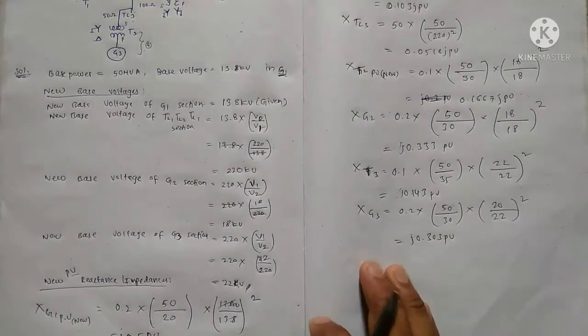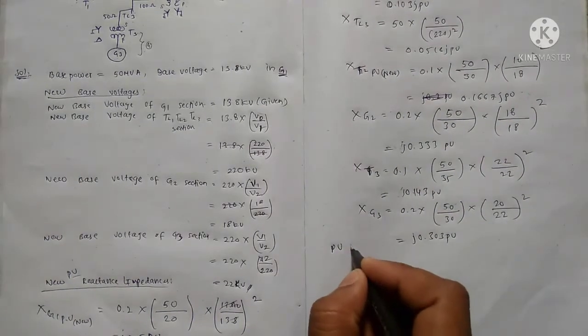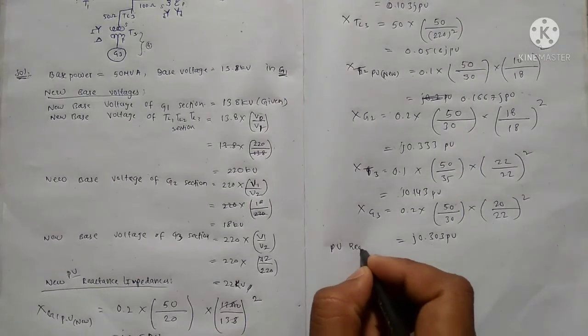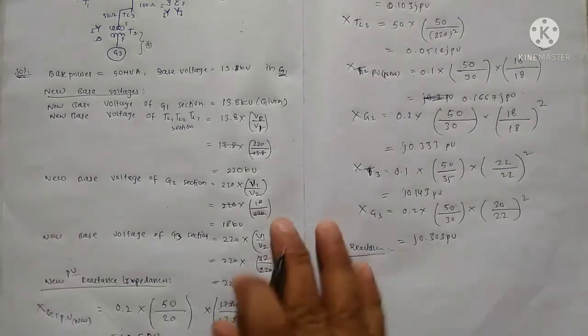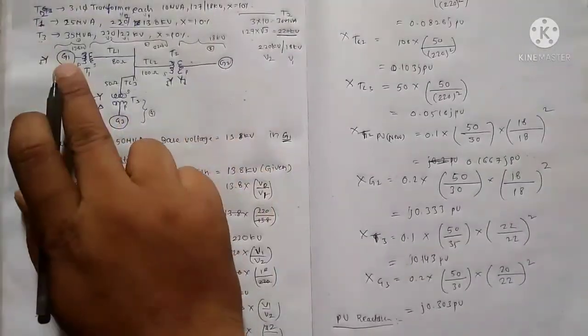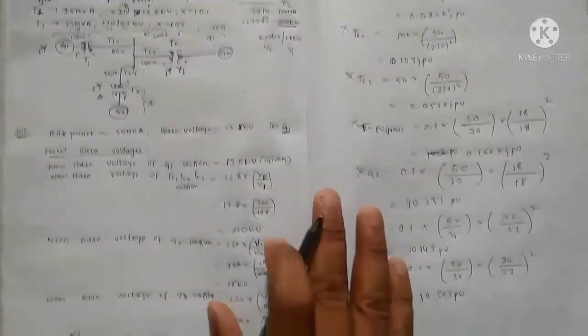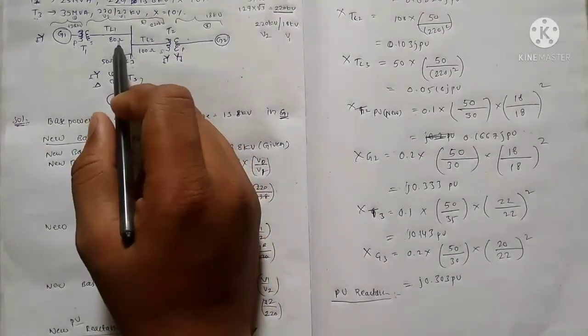Finally we need to draw pu diagram, pu reactance diagram, reactance or impedance diagrams. Since we have generator 1, generator 2, generator 3 connected to transmission line 1 and 2, we need to be careful.